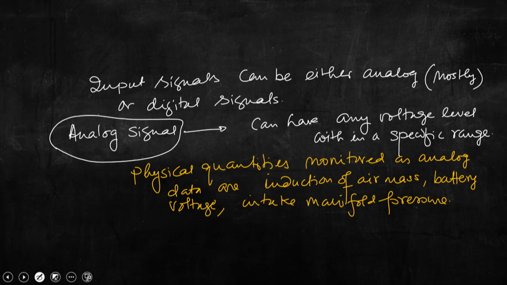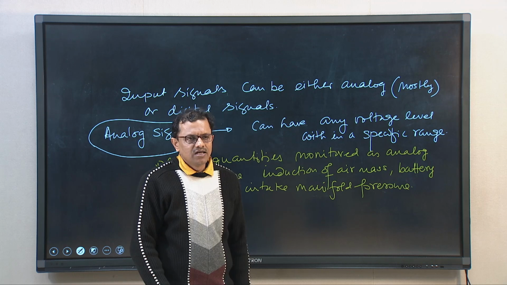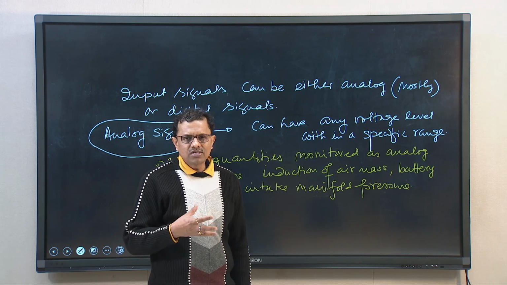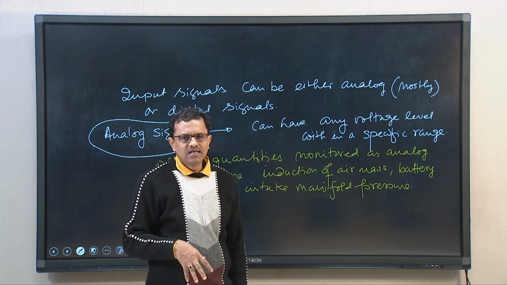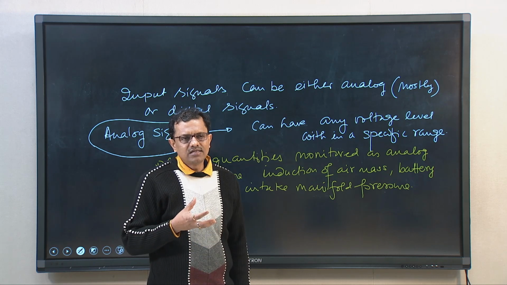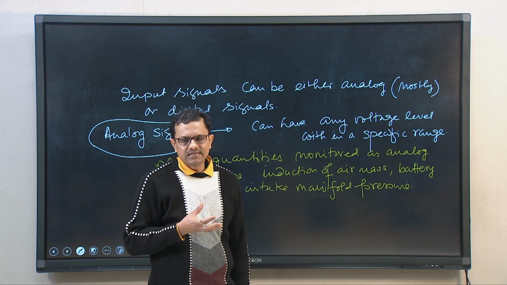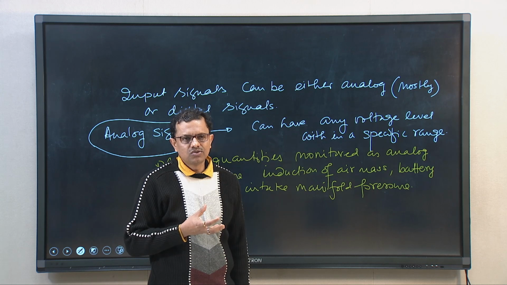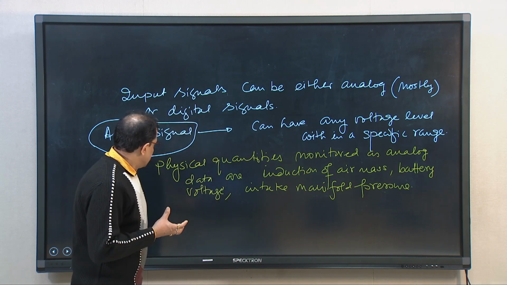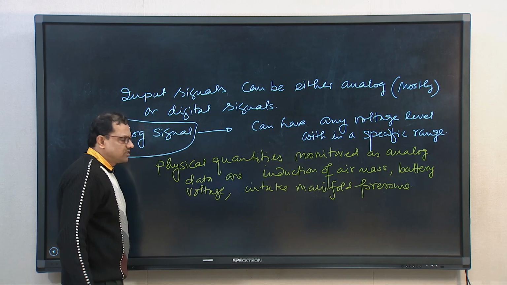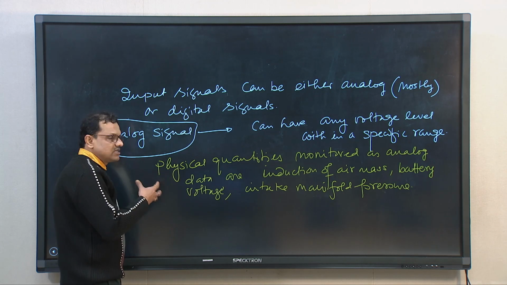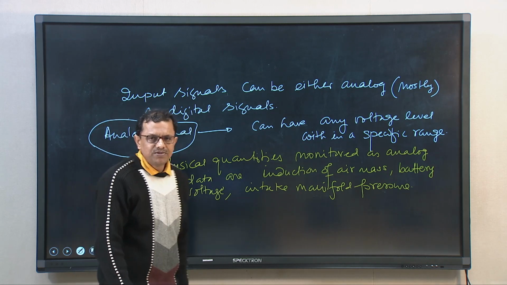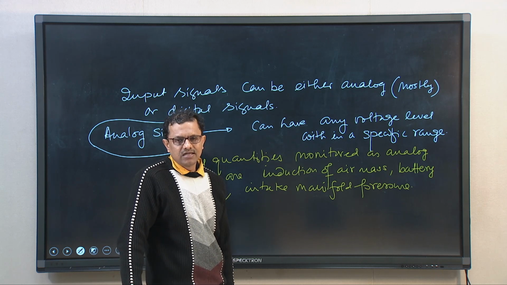Right. Now, the question is about the microprocessor. The digital circuit we have talked about in our previous classes can read only two different digital states. So, if the physical quantity is monitored as analog data, the analog signal must be converted to digital before processing, right.